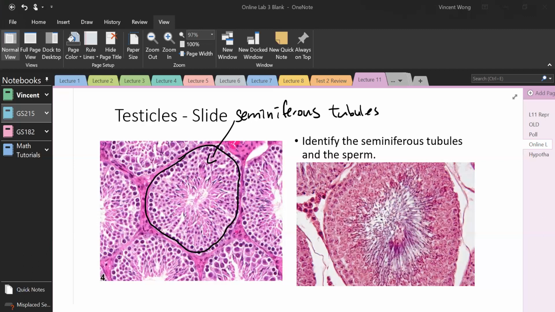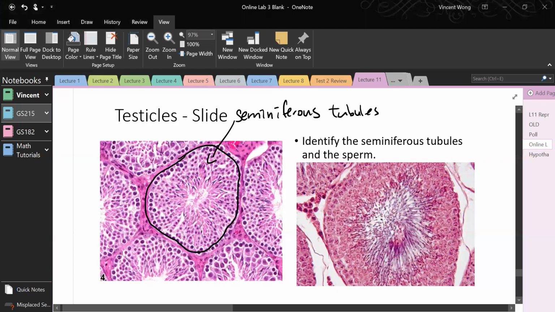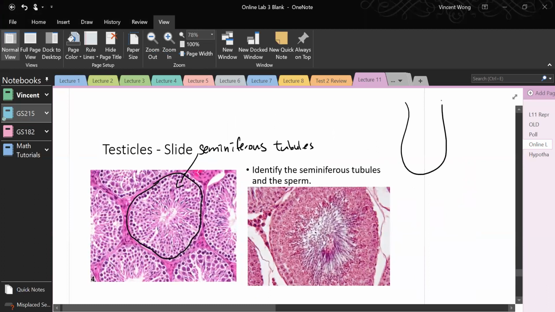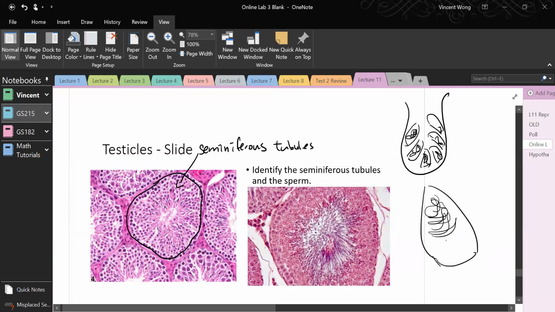So that is the seminiferous tubules. Remember, in the testicles there are all these lobes, and the seminiferous tubules are all coiled up inside. If I take a look at one of the lobes, you will see all these tubes coiled up.